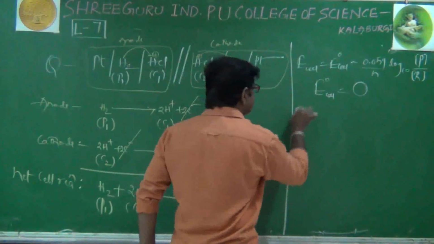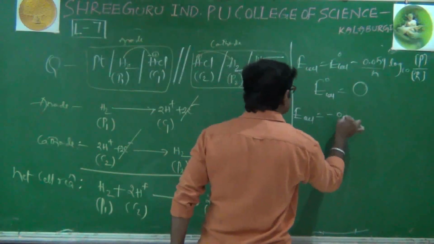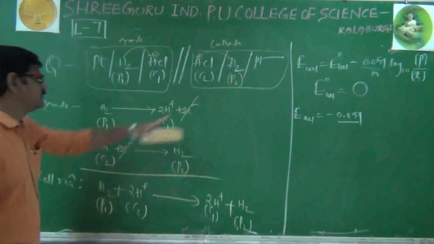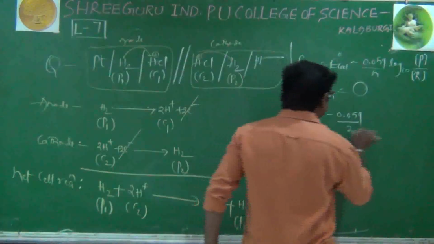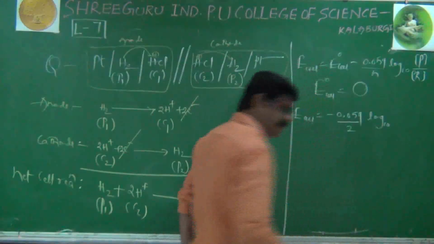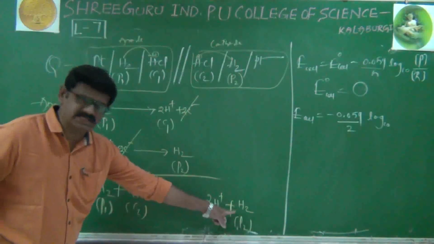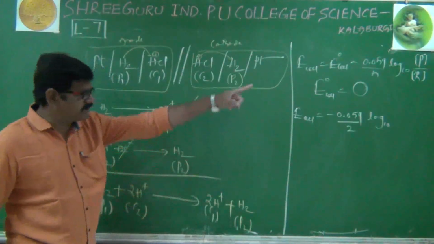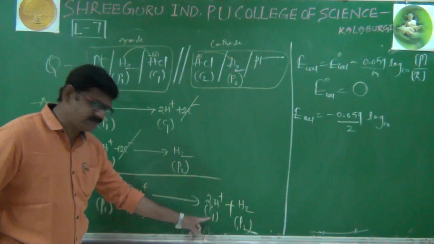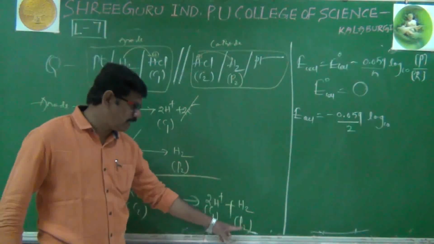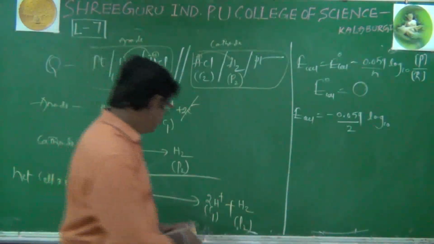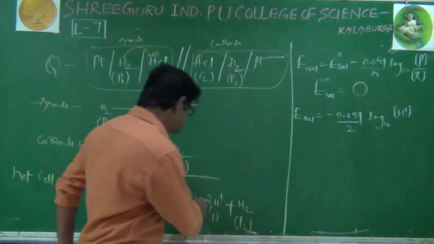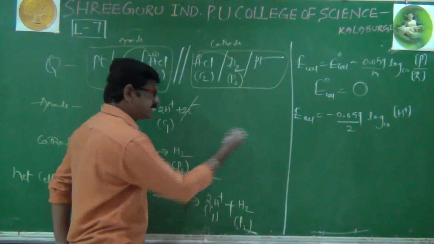Therefore, E cell is equal to minus 0.059 divided by n, where n is 2, log base 10. The products are these two; both values we will write, because H+ has a certain concentration and H2 has a certain pressure. For H+, whatever the stoichiometric coefficient is, we write it as its power, that is H+ squared.